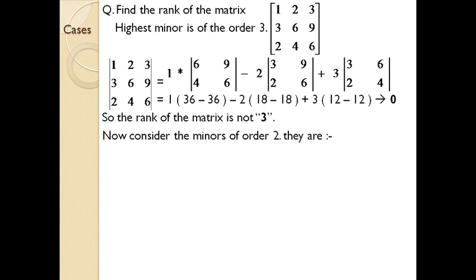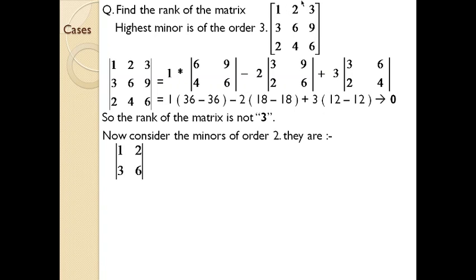Now consider the minors of the order 2. In order to find the minors of the order 2, you have to split the matrix given in the question into small matrices in the order of 2, that is 2 rows and 2 columns.